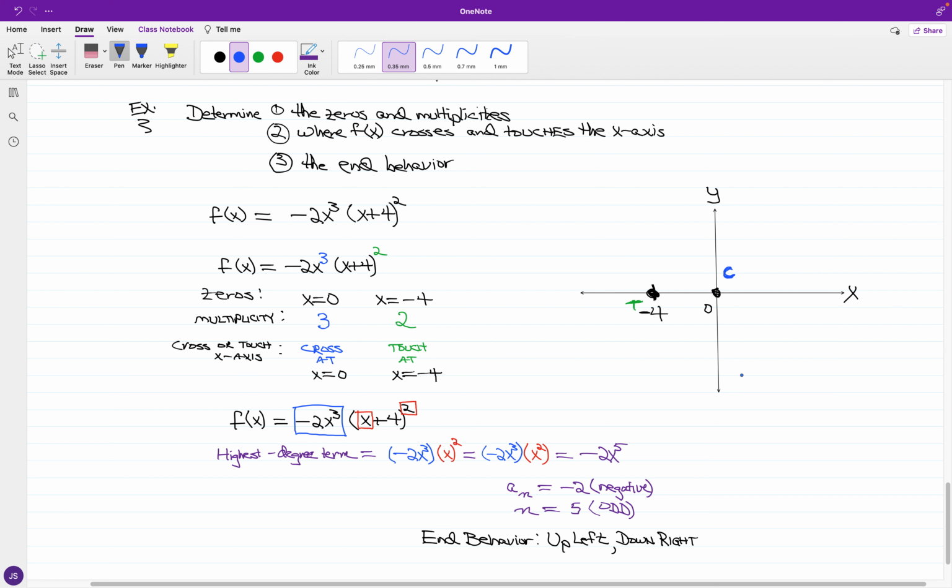Now for the end behavior, in terms of setting it up so the end behavior and the touching and crossing on the x-axis intertwine: end behavior, you have up to the left. So I'm going to have an arrow going up from the leftmost zero.